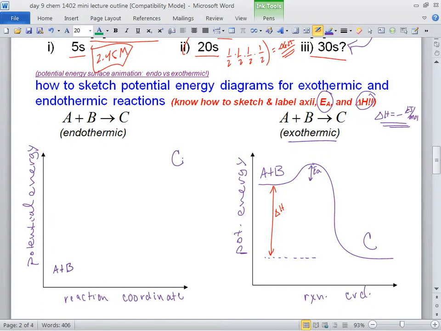He takes all this energy to get there. But remember, there needs to be a hump they have to overcome. Okay? So things just, there's always a little hump. So there's endothermic. So how do we sketch in our energy of activation? There it is right there.